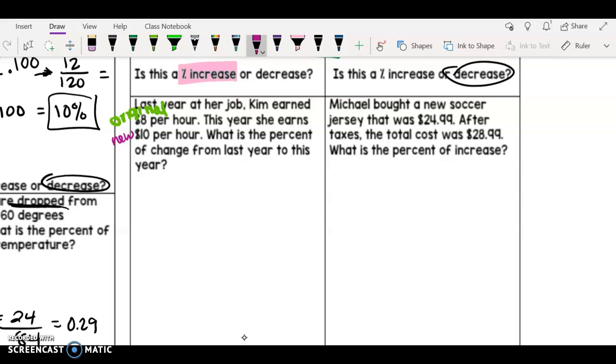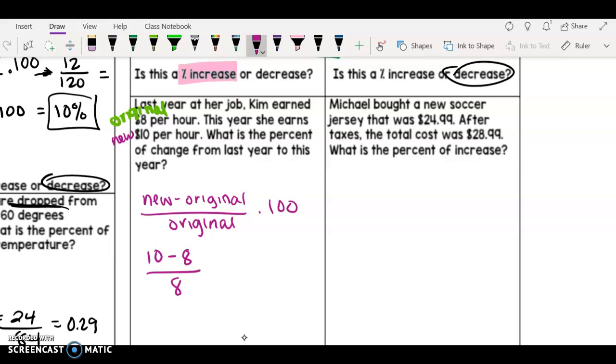So we have a new, which is bigger, which means we do new minus our original all over our original. And then times 100. So we're going to do 10 minus 8 all divided by 8.